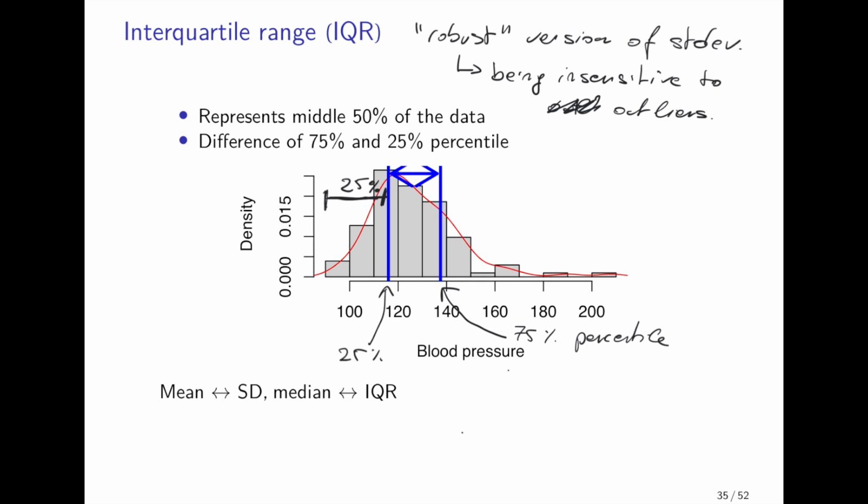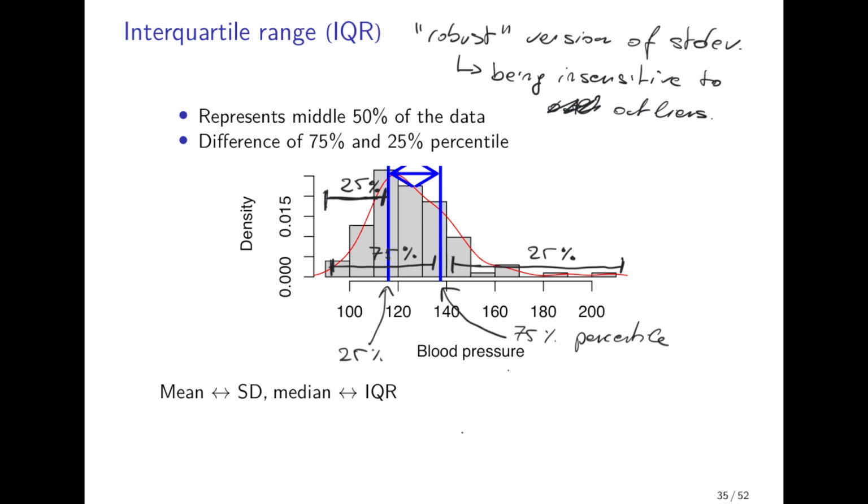Same thing for the 75th percentile. The 75th percentile is the point so that 75% of the data is lower than that value. And if 75% is lower, then of course the remaining 25% is higher than that point.